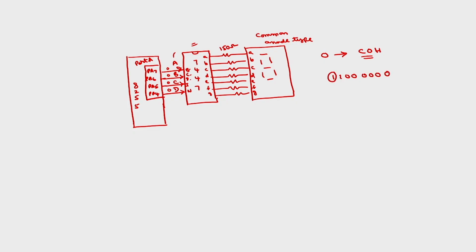This is of course the common point, but we are not considering it here. So, A to A, B, C in this manner, A B C D E F G. So this 1000000 will be generated here, that is 0000001. So, if I give 0000 as input here, then the corresponding 0000001 will be displayed, thereby it will display 0. Similarly, if I use 0001 here, a code corresponding to 1 display will appear here. So, this job will be performed by this BCD to 7 segment decoder.